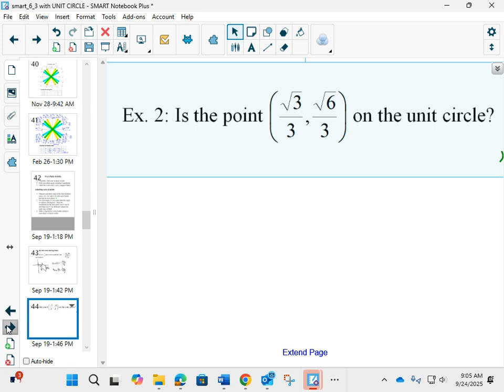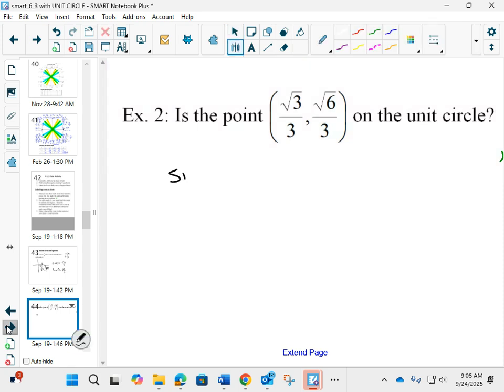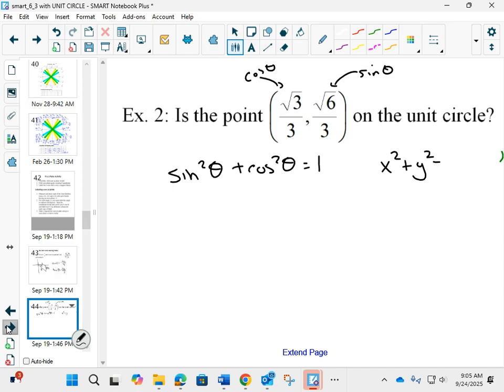In this case, I would either use, this is always true, and you know this is your cos of theta, and this is your sine of theta, so that's using 2 big ideas. You could also just use, if it's on the unit circle, this is the equation of the unit circle, that x squared plus y squared equals 1.